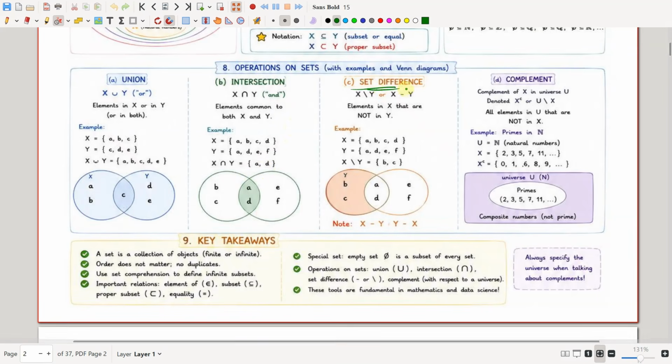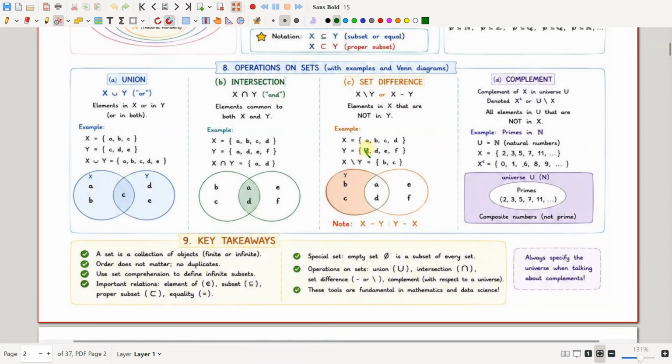Set difference is represented using this notation, X slash Y or X minus Y, which means the elements in X that are not in Y. So X minus Y means {A, B, C, D} minus {A, D, E, F}.